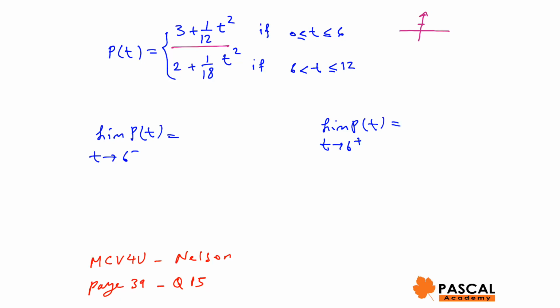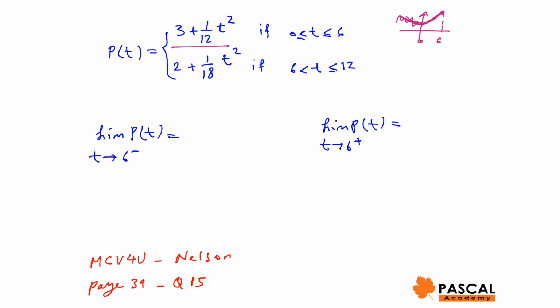The minimum is at (0, 3). And when t is 6, the value of 3 plus 1/12 t² is 6. It's a parabola similar to this, but we only need the part of the graph which is between 0 and 6.